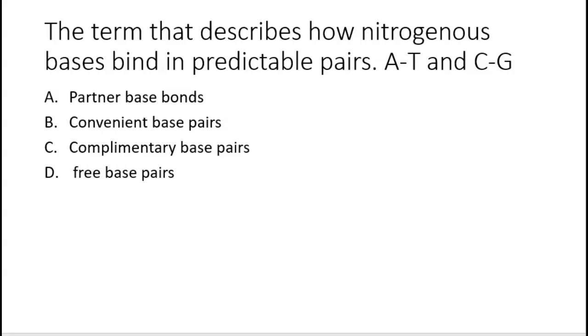A with T and C with G, and that is A, partner base bonds, B, convenient base pairs, C, complementary base pairs, or D, free base pairs. And it is C, complementary base pairs.